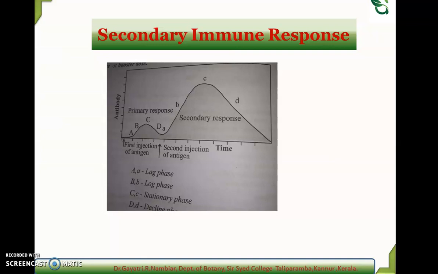So depending upon the antigen, the antibody reaction will vary, and the antigen-antibody reaction is very specific also. Depending upon the mode of antigen and the health of the organism, the phases also vary for different types of species.